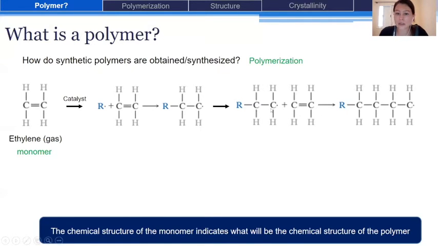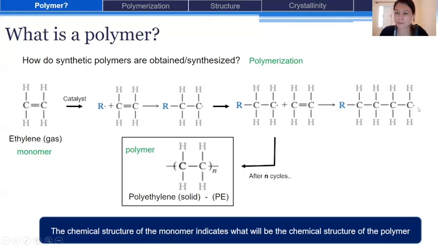And so you can see that this reaction is occurring. In that case, we have two monomers that have been integrated into this beginning of the polymeric chain. And this reaction will be repeated n times. So we will have n cycles, n reactions.